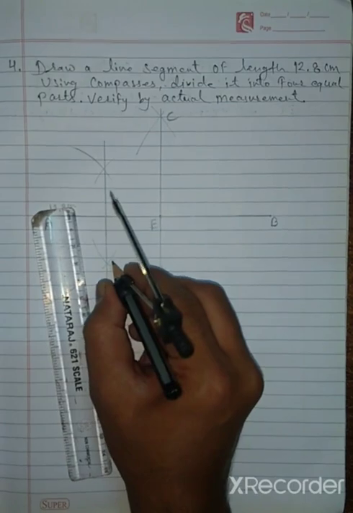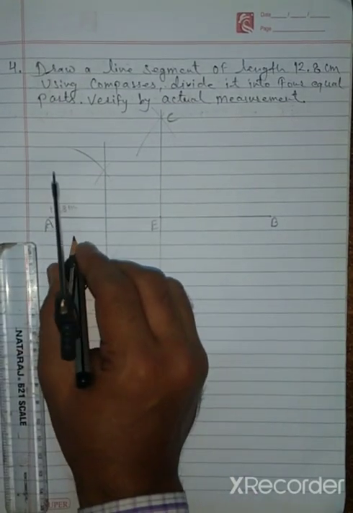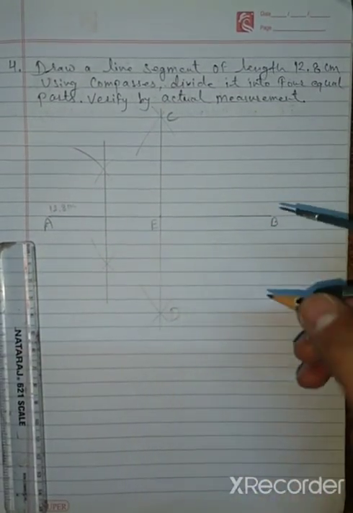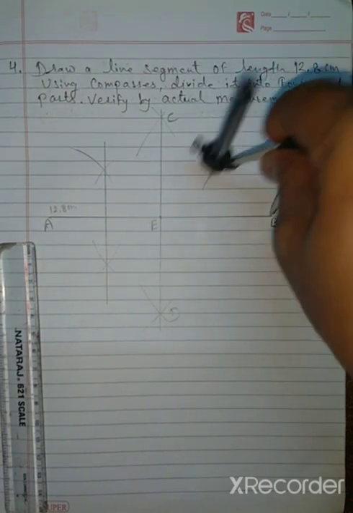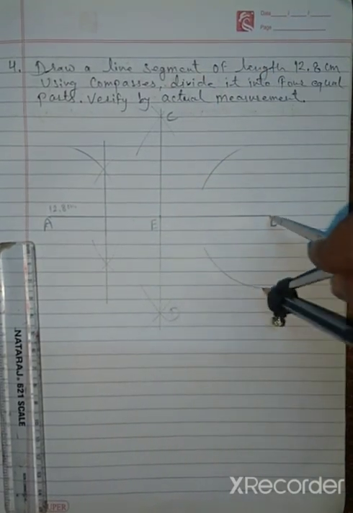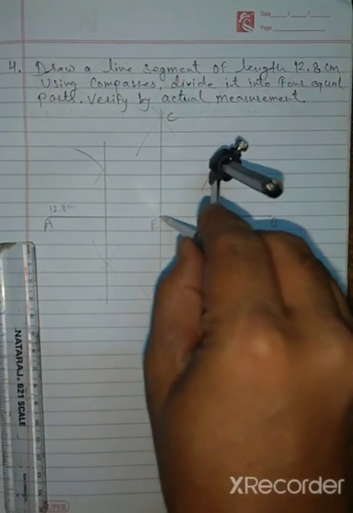Join the points. Now we have divided it into 3 parts so far. Again we will follow the same process here. We'll cut an arc here with B as a center and with E as a center.